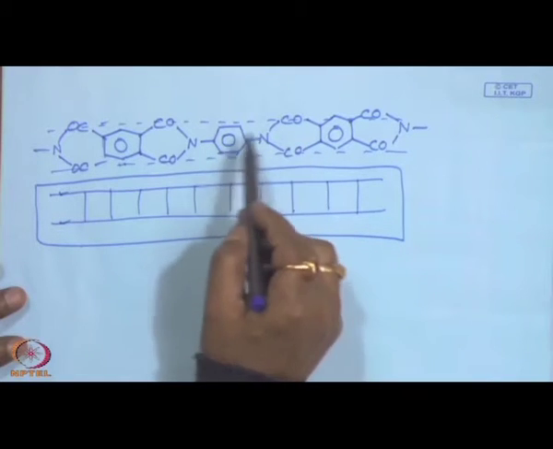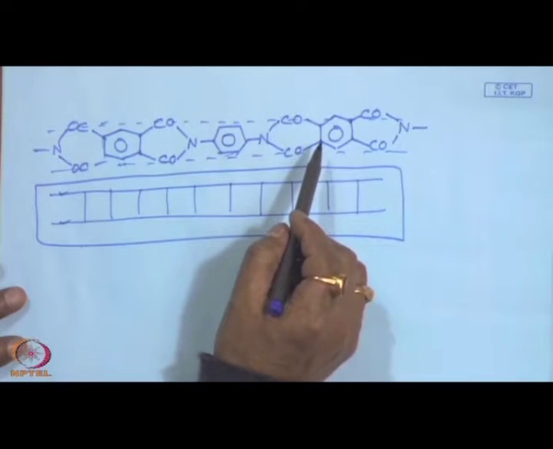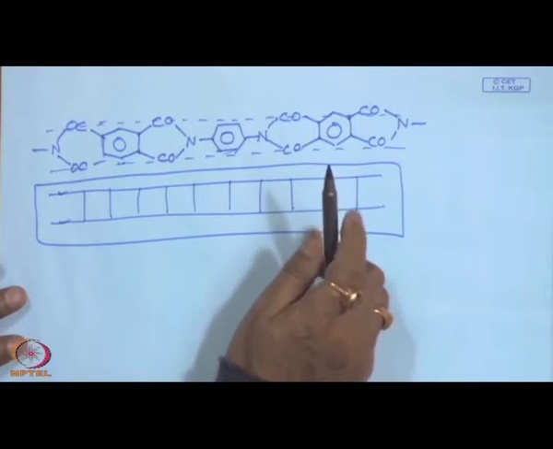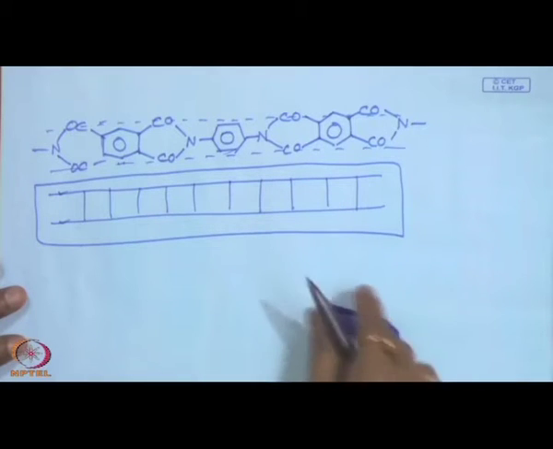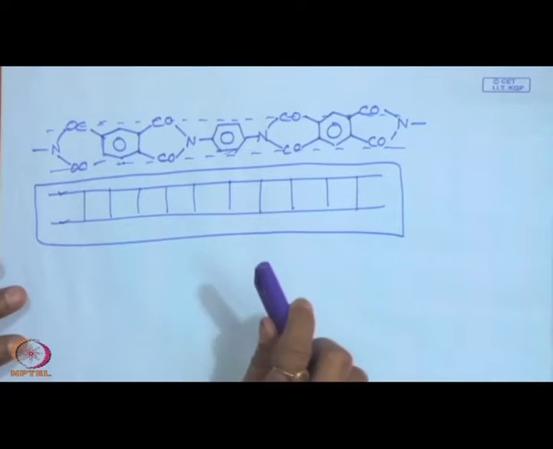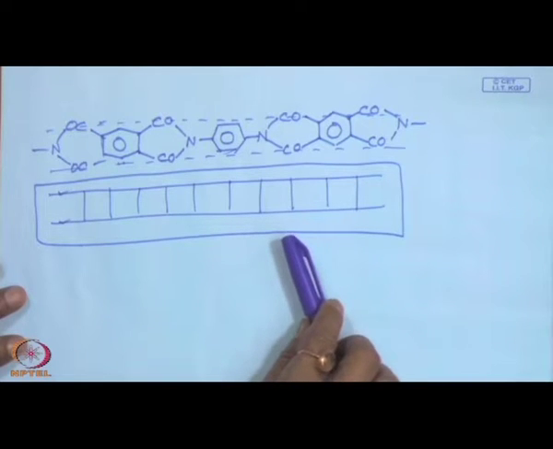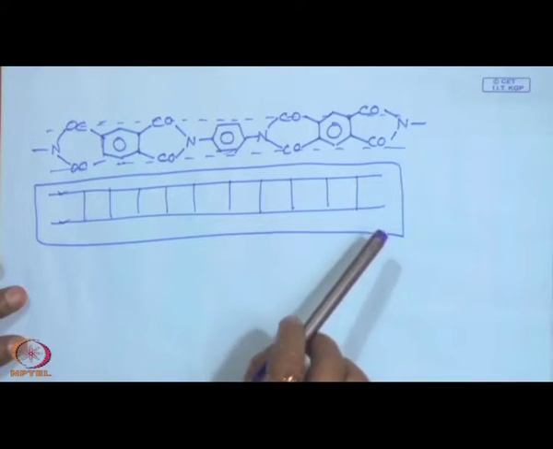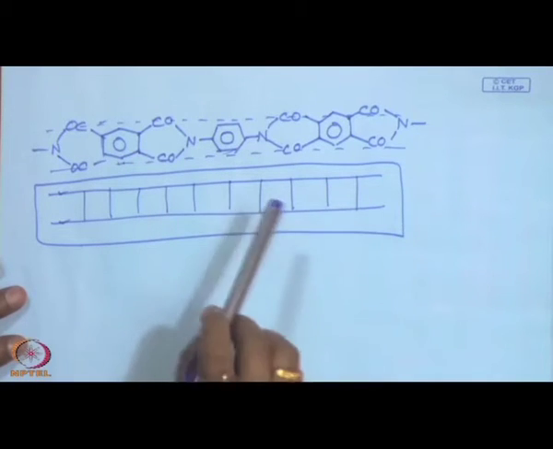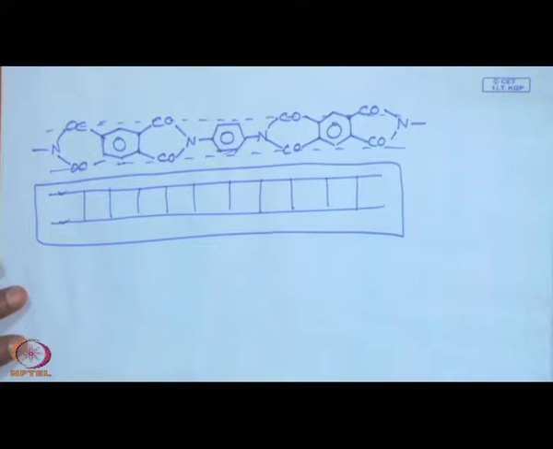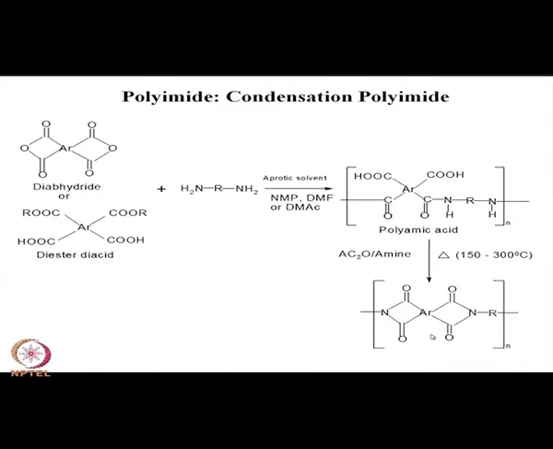So, these polymers can be very high performance polymers, and in high temperature applications, in aerospace applications, in aircraft applications, or in spacecrafts, these polymers are used for making composites with, again, high performance strong fibers, say carbon fibers or aramid fibers. So, this polymer is known as polyimide, and this polyimide is formed out of condensation of dianhydrides and diamines.